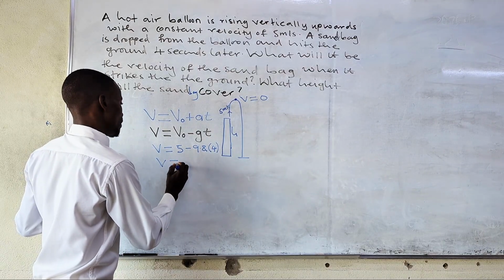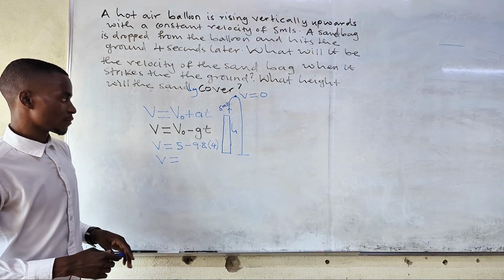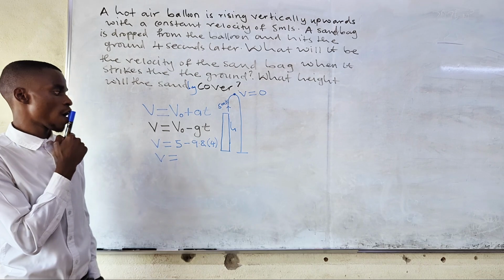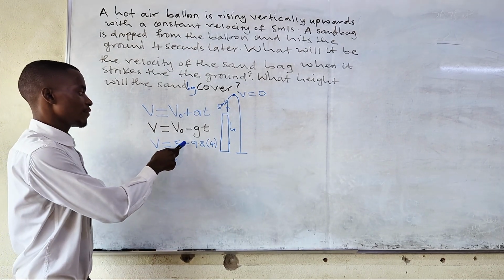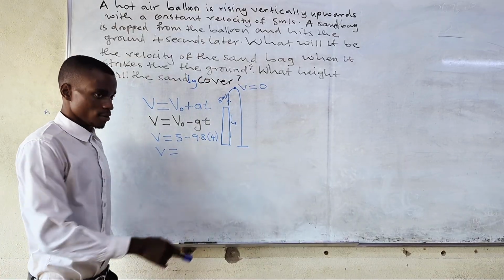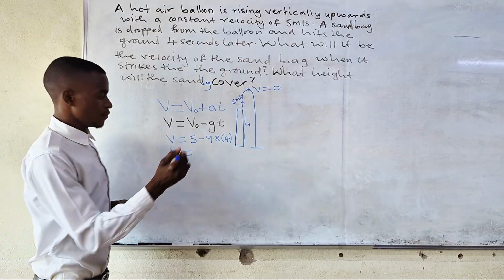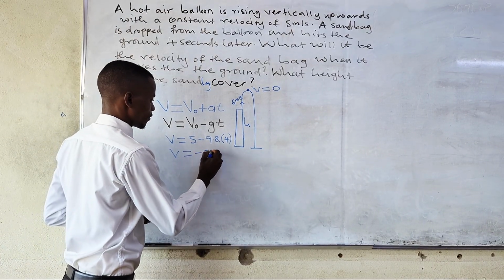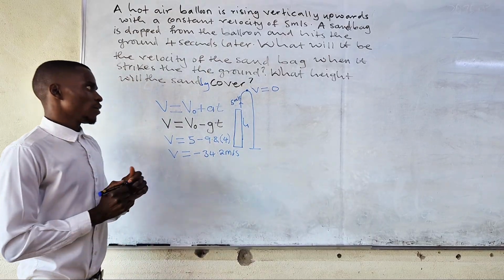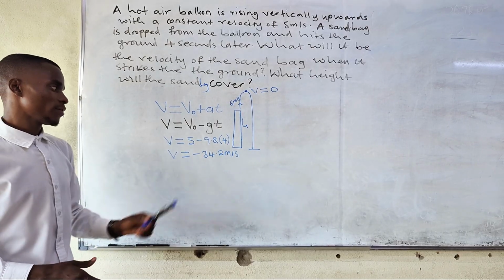Someone try to help me with punching it on the calculator. Just write 5 minus 9.8 open bracket 4, then close. It gives the final answer: negative 34.2.